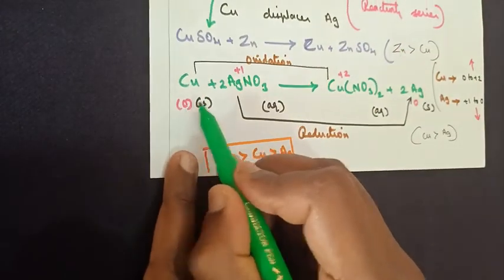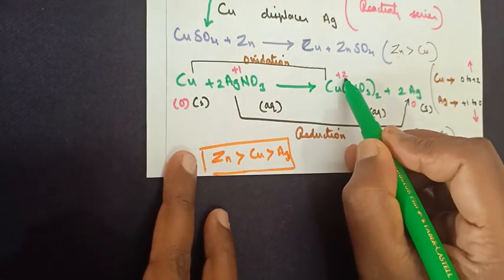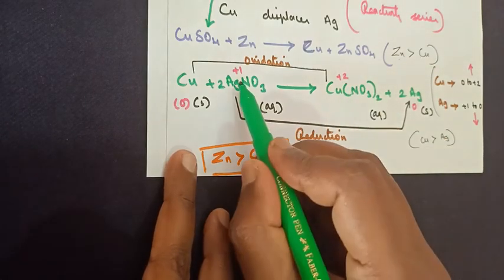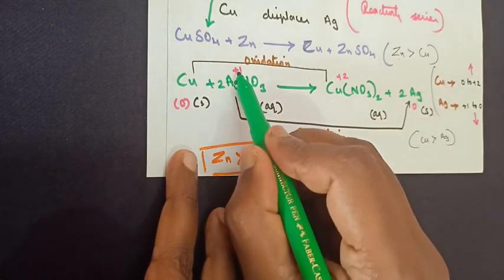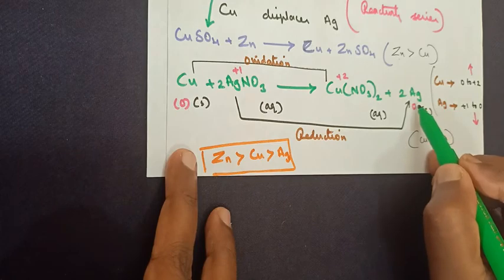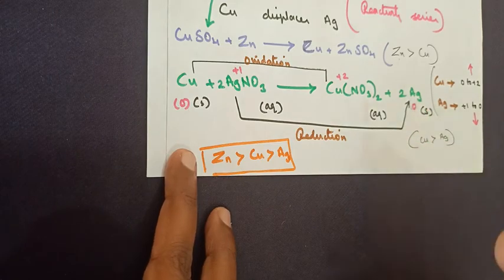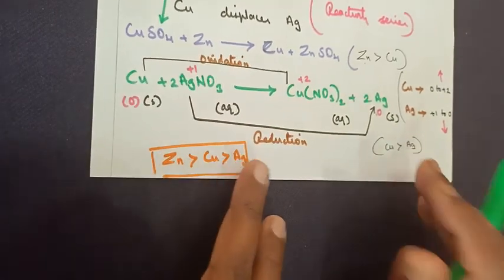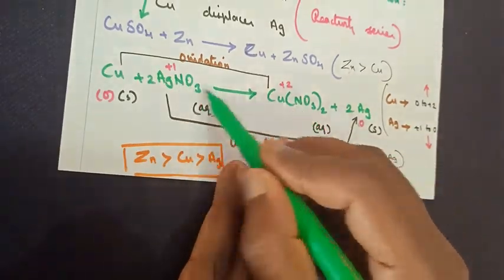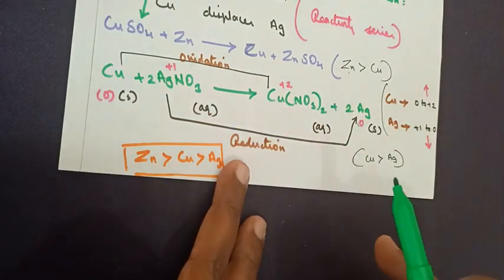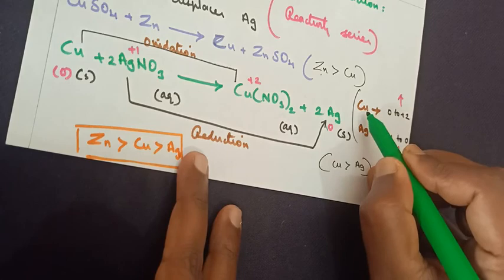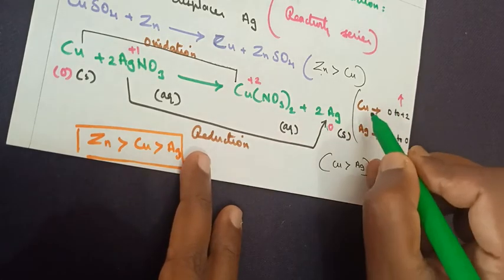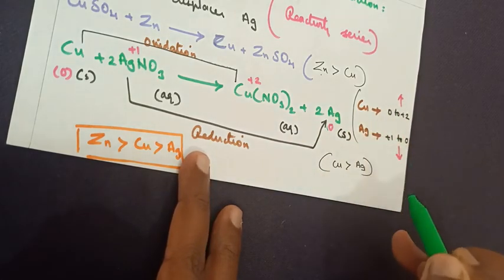So from 0, copper's oxidation number has gone up to +2. From the silver ion, from +1, it has reached the elemental state, hence the oxidation number is 0. In both cases, if you work it out, you will get the same charges. So only copper and silver we are considering, because they alone show different numbers.